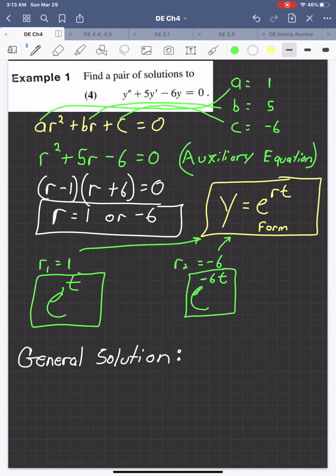For these homogeneous second order differential equations that we're dealing with now, the general solution is always going to look like this. y of t is going to be equal to c sub 1 e to the power of r sub 1 t plus c sub 2 times e to the power of r sub 2 t.